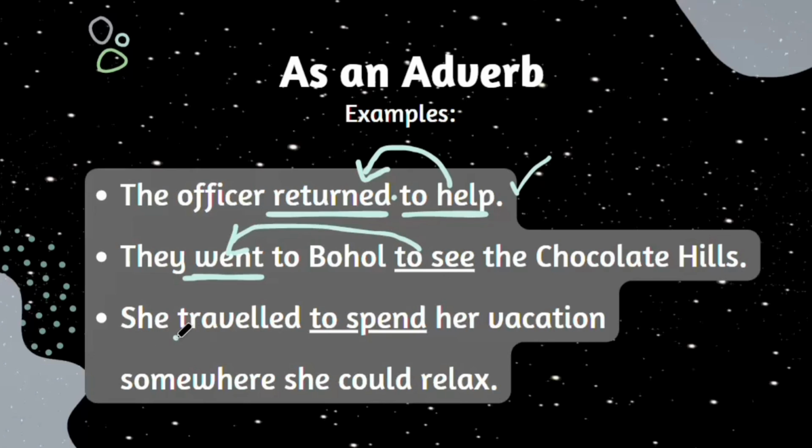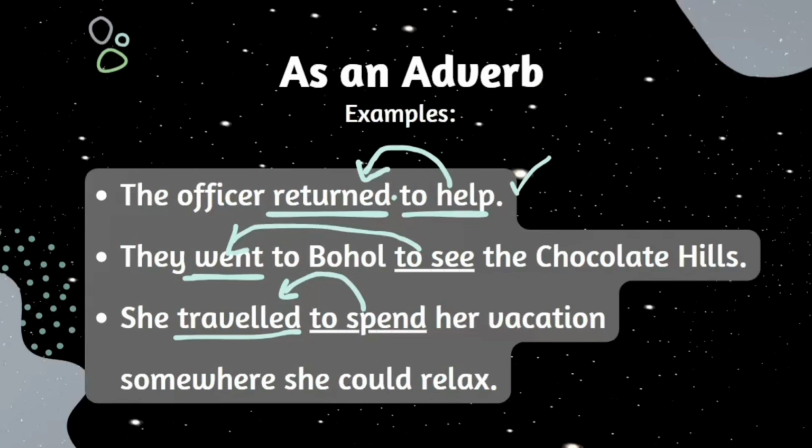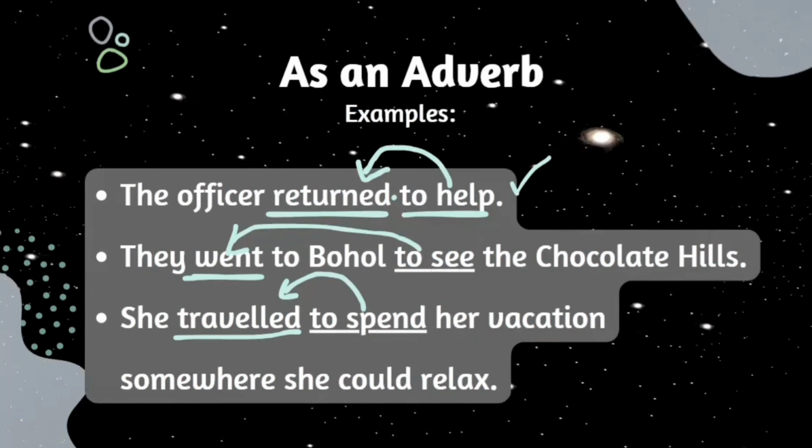She traveled. Traveled is a verb here. Why she traveled? To spend her vacation. So now this infinitive to spend is giving you information about the action of travel and that's why this infinitive is an adverb here. Hope you have understood this too.